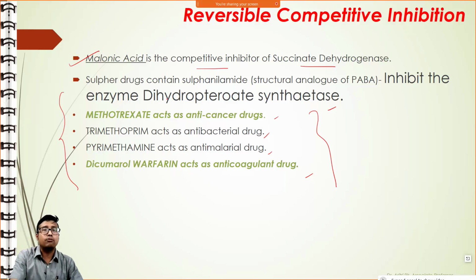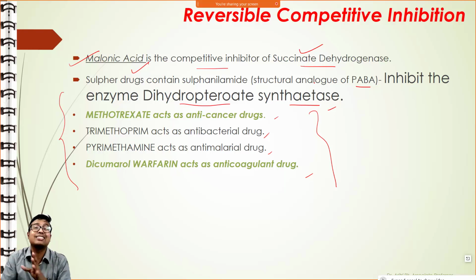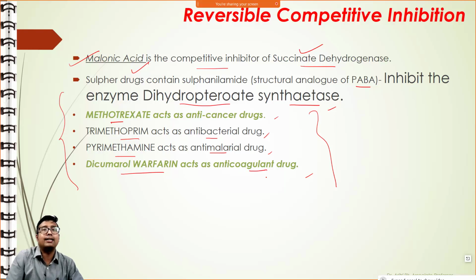So remember, I am reading it once again. Malonic acid is a competitive inhibitor of succinate dehydrogenase. PABA, para amino benzoic acid, is an inhibitor of the enzyme dihydropteroate synthetase. All this is already included in your syllabus. Methotrexate acts as an anti-cancer drug, trimethoprim acts as an antibacterial drug, pyrimethamine acts as an anti-malarial drug, and warfarin or dicumarol acts as an anticoagulant.